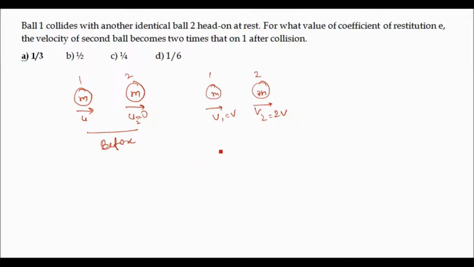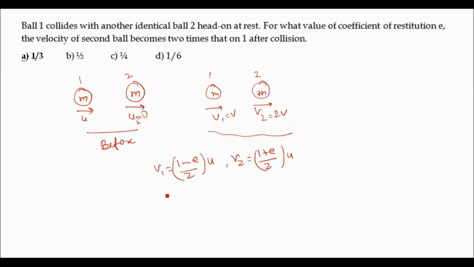For this type of problem, we have already derived the formula for identical balls, and if the second ball is at rest, then v1 is equal to (1 minus e) by 2 into u, and v2 is equal to (1 plus e) by 2 into u.